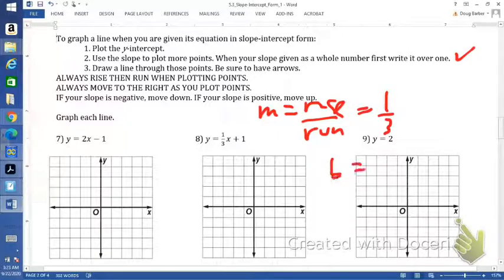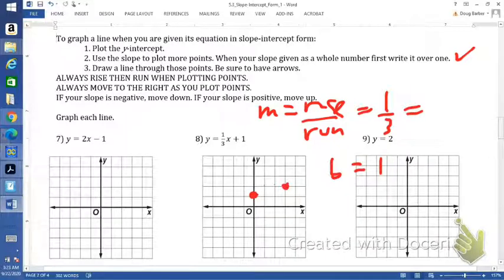And then our y-intercept is positive 1. So we're going to plot our y-intercept first, which is 1. And then I'm going to go up 1, because my rise is positive, and then over 3 to the right, because the 3 is positive. So that's going to put me right there.